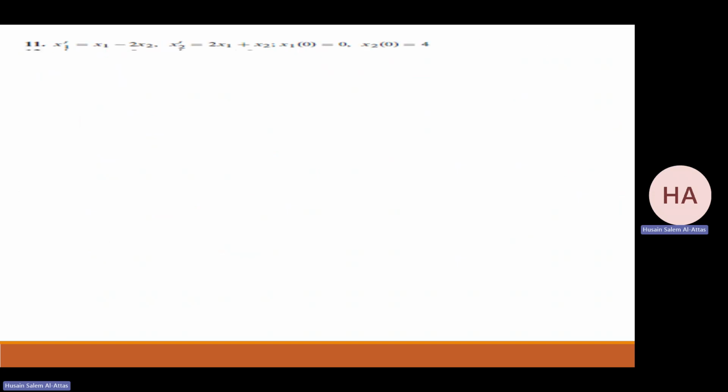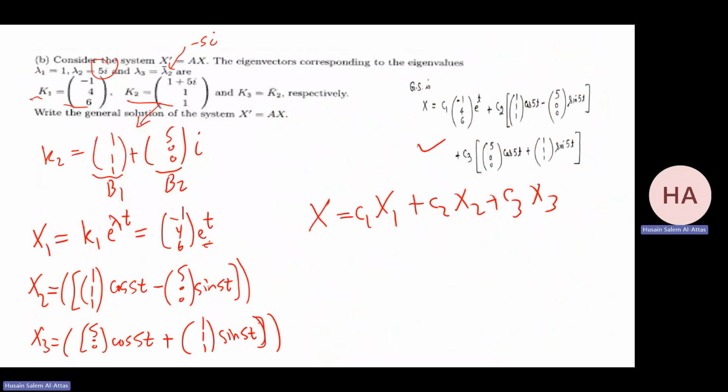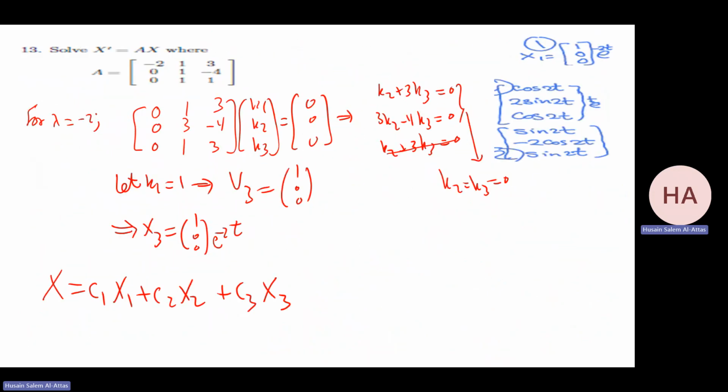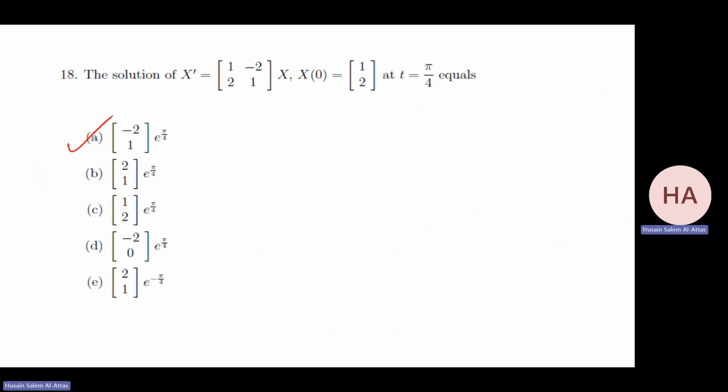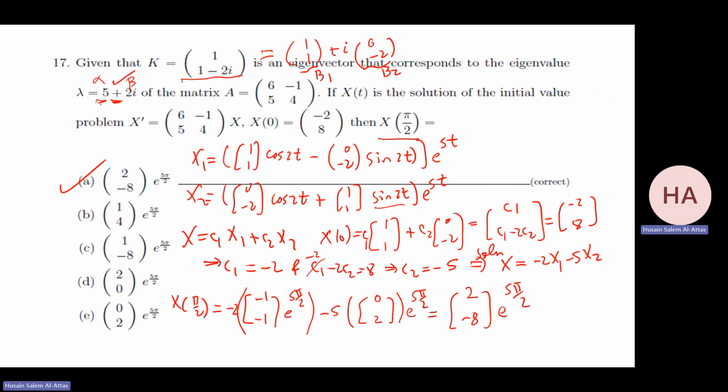Okay, let me do this one. x prime equals the matrix 1, minus 2, 2, 1 times x, and here x at 0 is 0, 4. By the way, I solved this before, the matrix 1, minus 2, 2, 1. Just to save time, I think I solved the equation, but maybe not the same eigen, not the same initial condition.